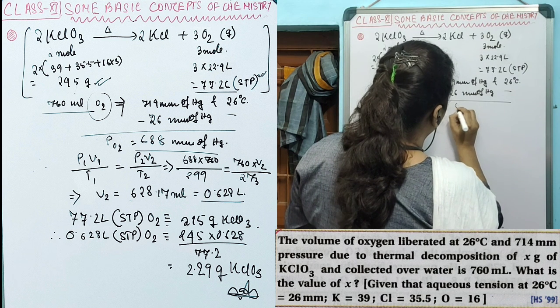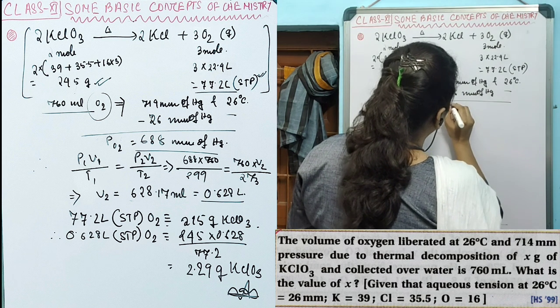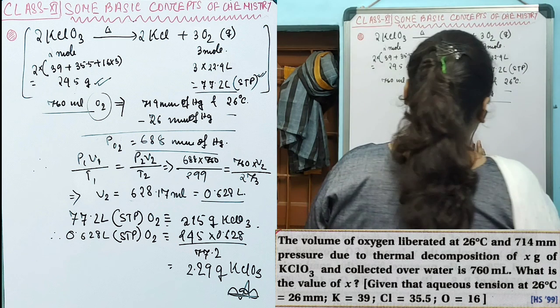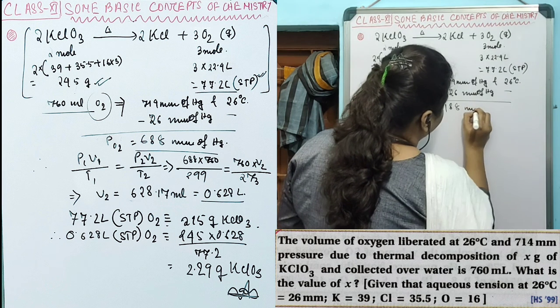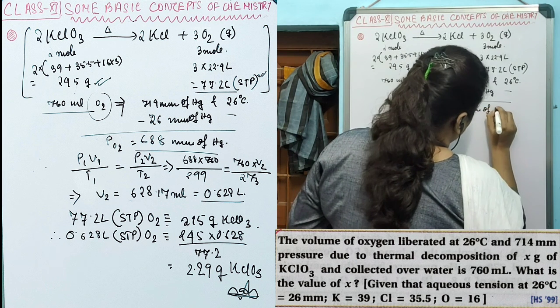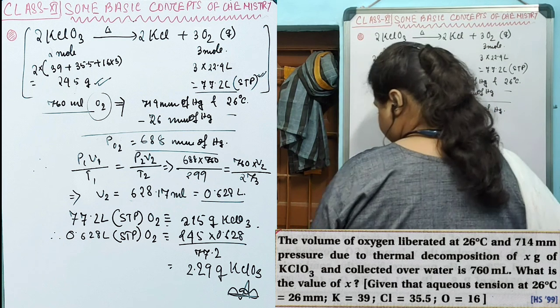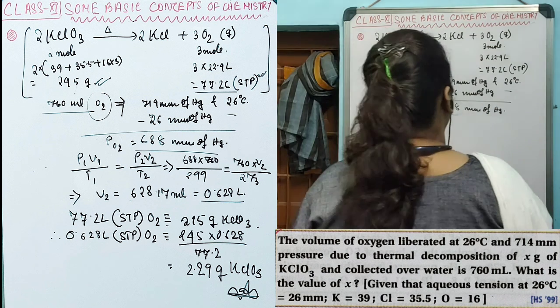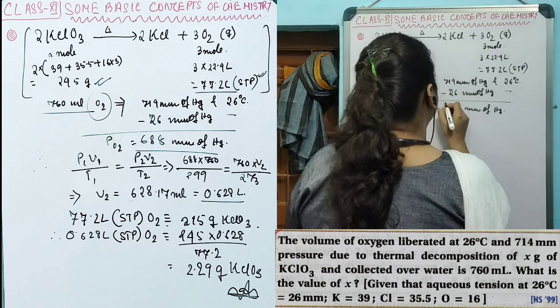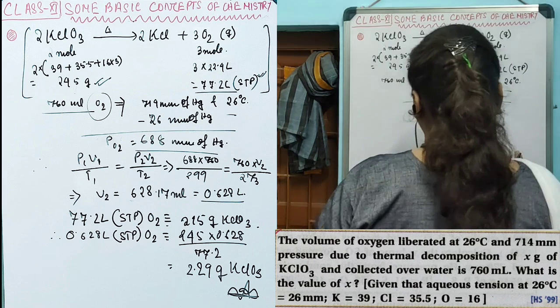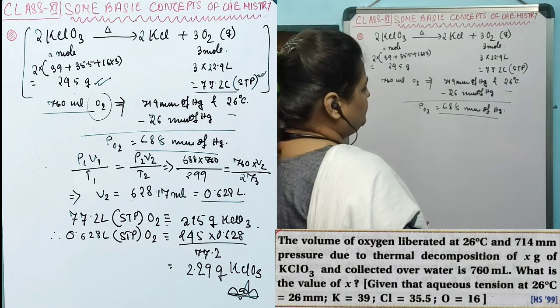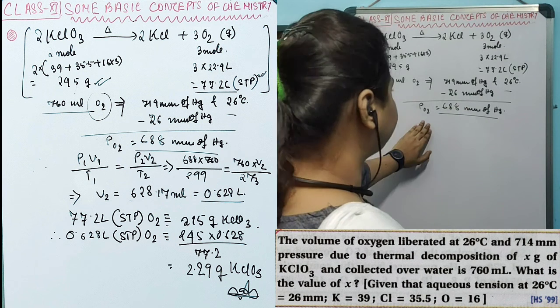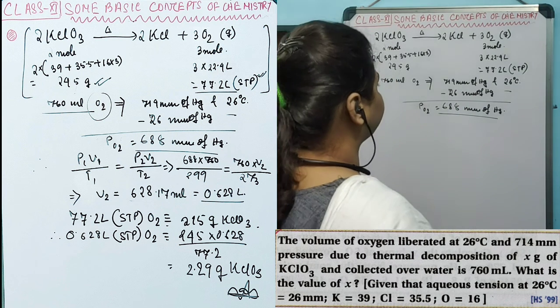This will give 714 millimeter of Hg. This is the pressure of oxygen without the vapor pressure.